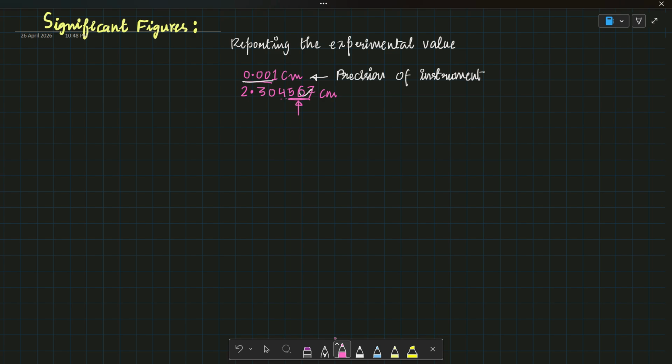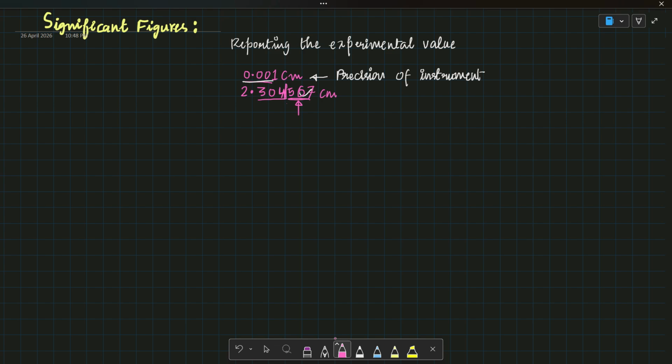Our instrument cannot measure more than 3 decimal points. So whenever we are reporting, the accurate way is always to report the value as the precision of the instrument, because ultimately the extra digits do not make any sense. You cannot measure more precisely than the given precision of the instrument.